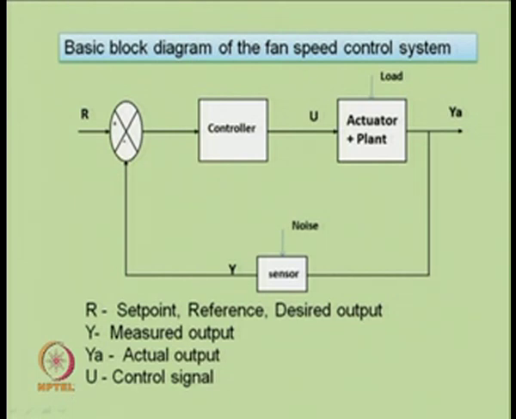This gives the block diagram representation of the fan speed control system, where actuator and plant dynamics are put together, giving us G(s). Controller dynamics will be shown by GC(s) and sensor dynamics by H(s).